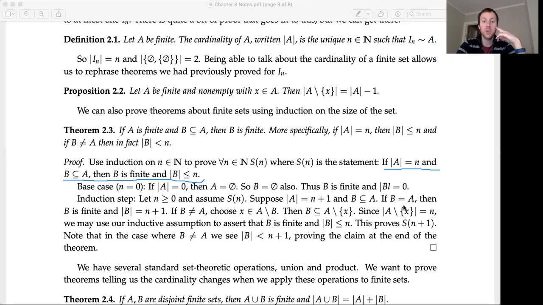If B is equal to A, then B is also finite and has cardinality n plus 1 because it's the same set as A. If B isn't equal to A, then we can find an x which is in A but not B. And that means that B is a subset of A minus x.